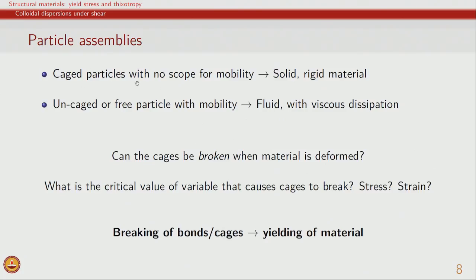And so, caged particles with no scope of mobility implies that we have a solid or rigid material. If the particles are uncaged, or there are particles which are free to move, or they have sufficient mobility, then we will observe a fluid-like response, which is of course viscous and also dissipative.